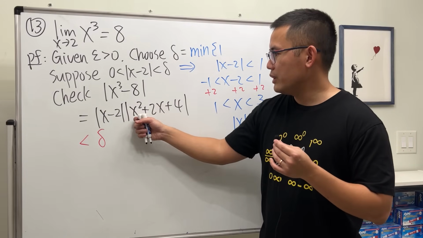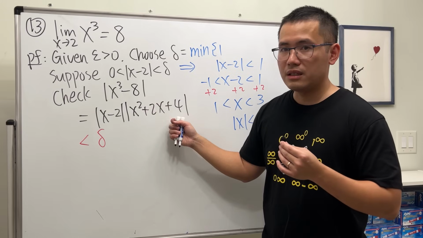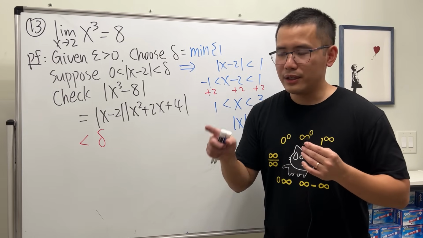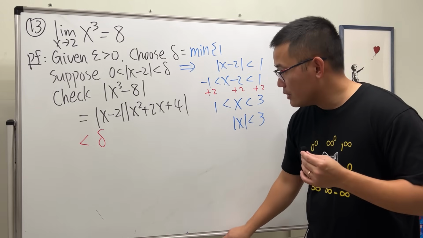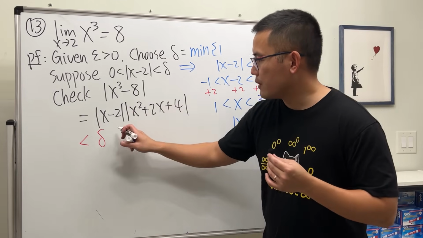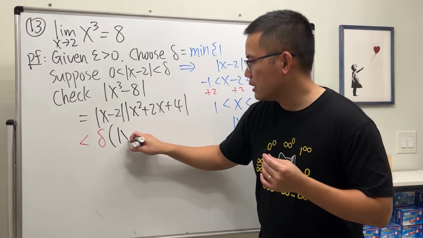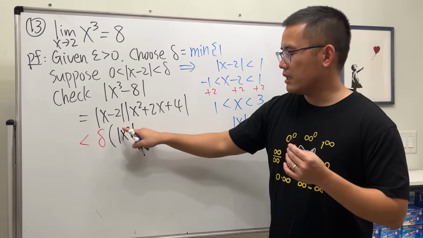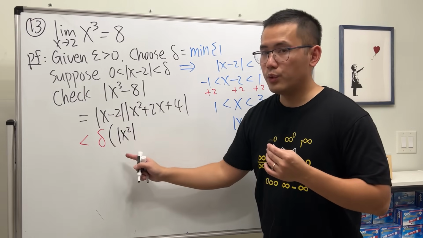But as we can see here, we have 3 terms and they are all adding. So I want to take advantage of the so-called triangle inequality. Meaning, we can break this down as the absolute value of the first. Right? It's all adding. Then you can just say this thing is less than or equal to.